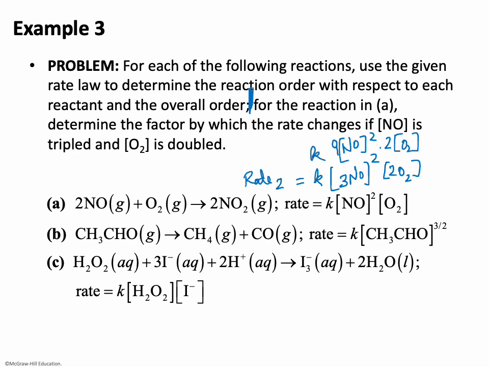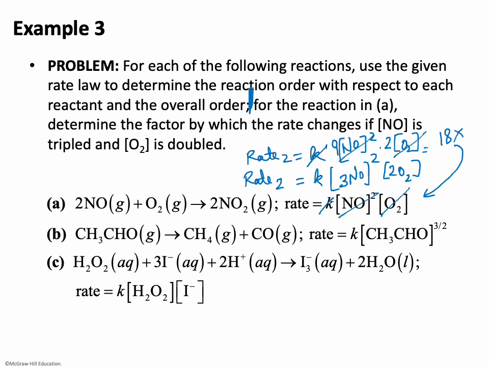And K is same, and this is my new rate, right? So rate 2 is equal to this, which means this and this is same, this and this is same, this and this is same. So what is my new rate? New rate is basically 9 times 2, 18 times of what it was before.